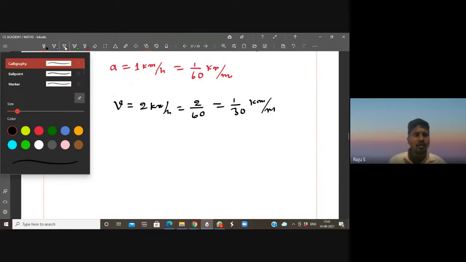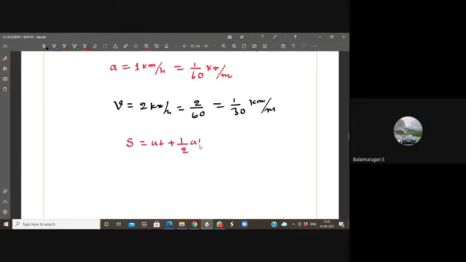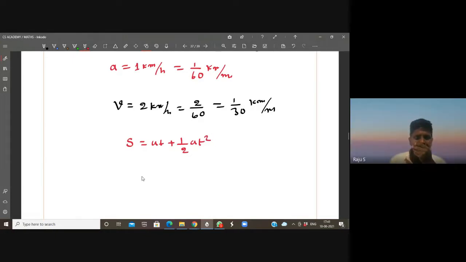Okay, what is the starting speed formula, students? You know that S is equal to ut plus half at square. And what about V? V is equal to u plus at. Okay, from these two equations I want to know the t value.